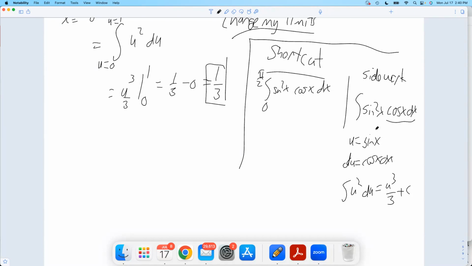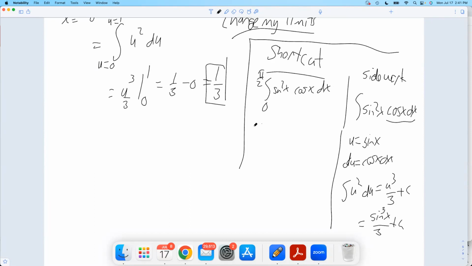Now, let's plug back in our u. So that'll be sine cubed x over 3 plus c. Now that I know what the antiderivative of this is, I can go back to the original problem and do it in terms of x from the beginning.